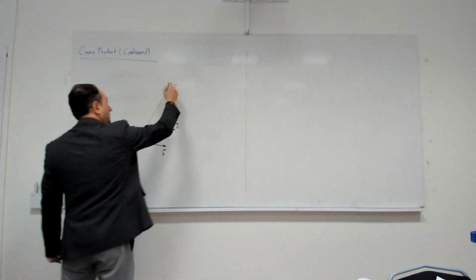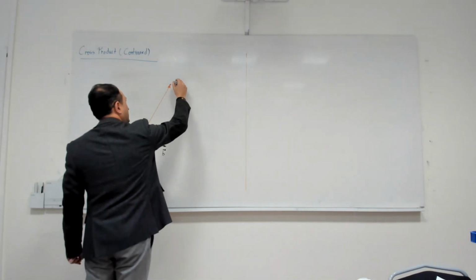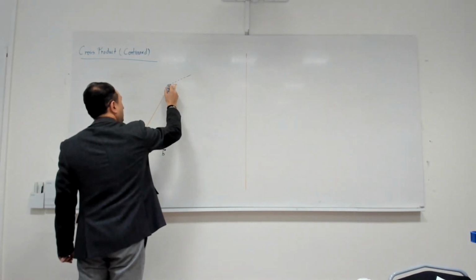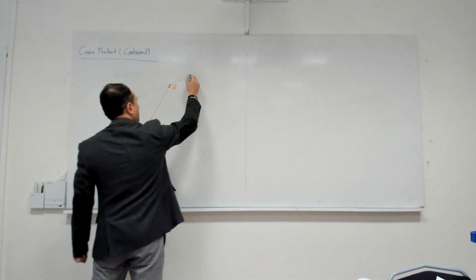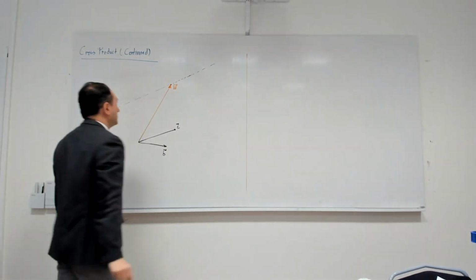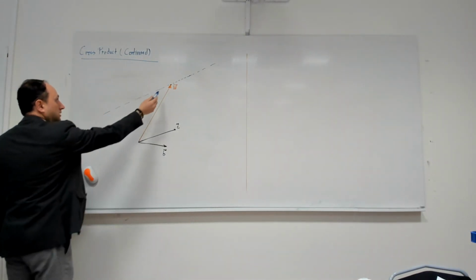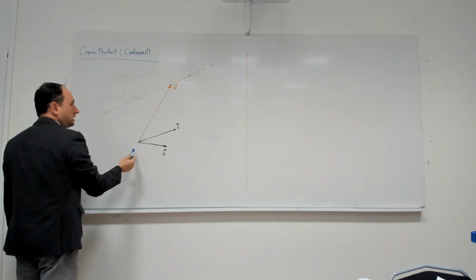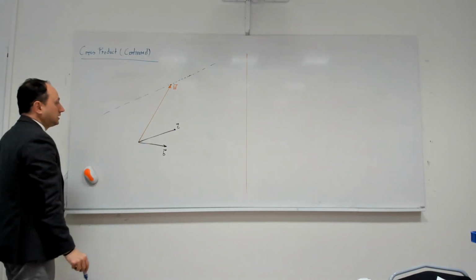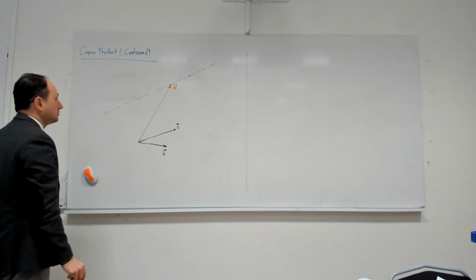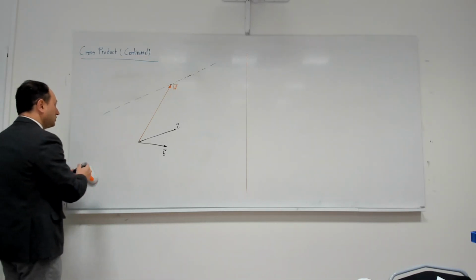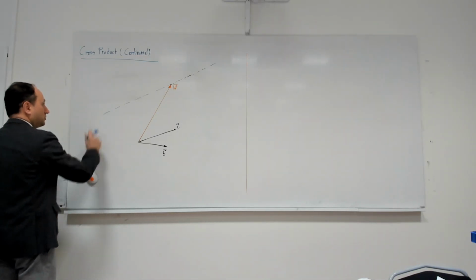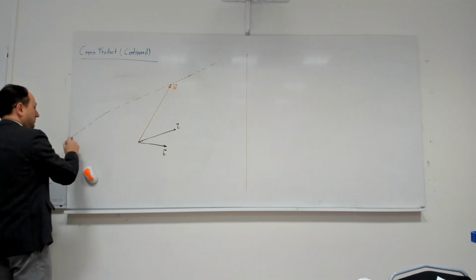So I will draw a line parallel to C for the time being. This is the line that I draw from here parallel to C. I draw another line parallel to, but before that I want to find the intersection point, unfortunately. Yes, it will work.